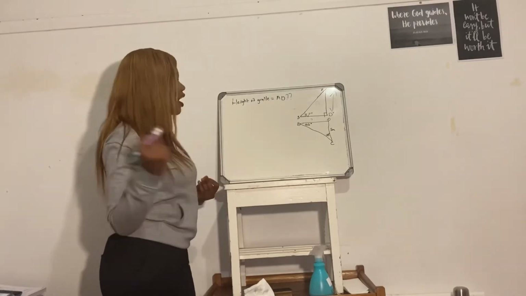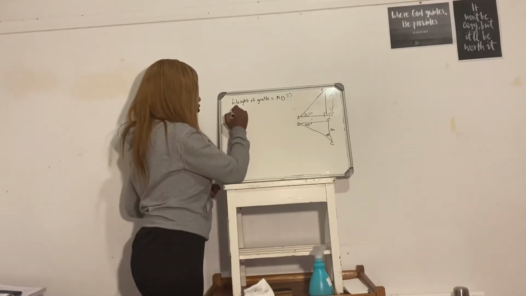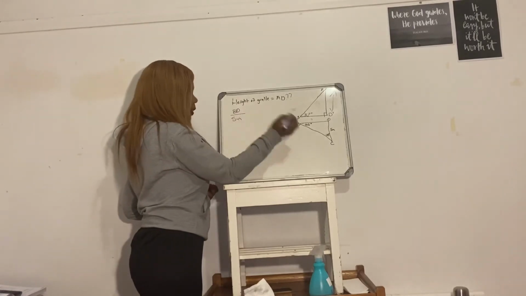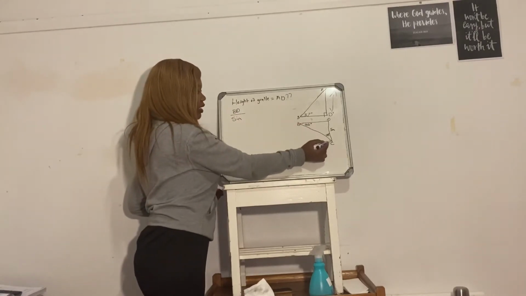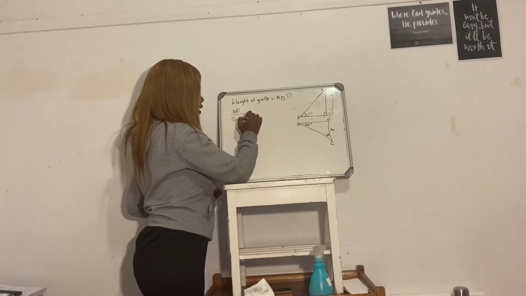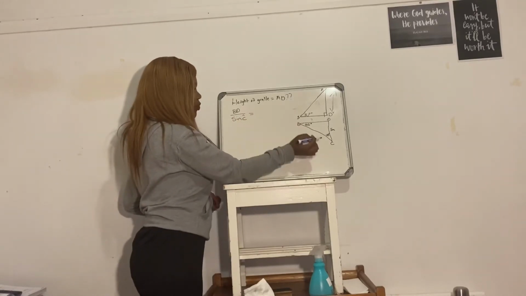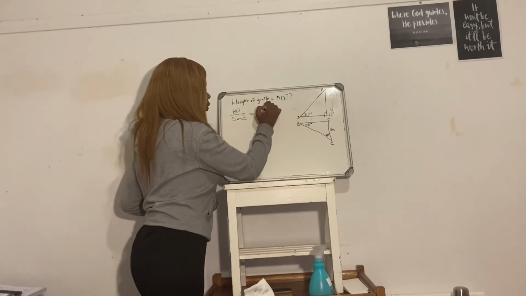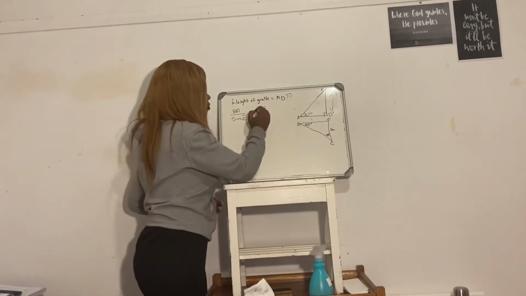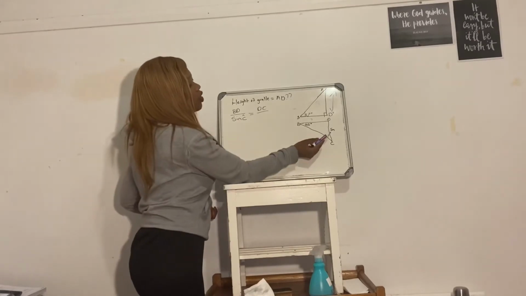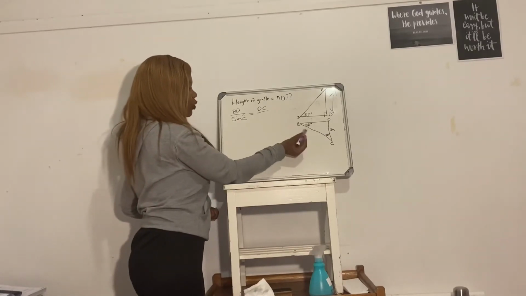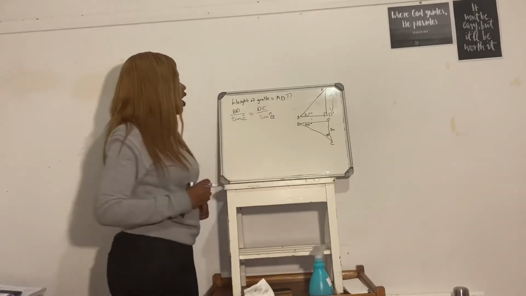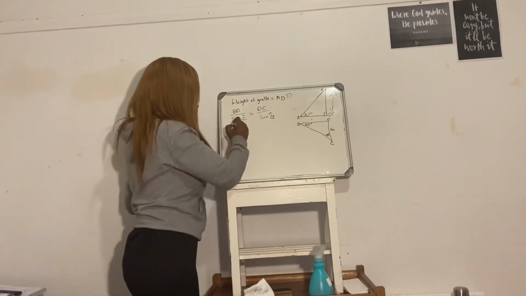So we're going to use our sine rule. We want to find BD. BD over sine of the opposite angle, which is angle C, is equal to DC, because we have the value of DC, so it's smart for us to use it, because we also have the value of the opposite angle, which is sine angle B. Then we fill in the values that we already have.